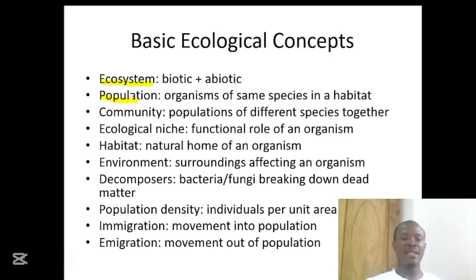Next we have community. A community is a group of populations of different species. In that case, you are not counting only one species, you are going to count many. It can be humans, it can be cats, it can be dogs, it can be rats, as the case may be, living together in a particular habitat at a particular time.